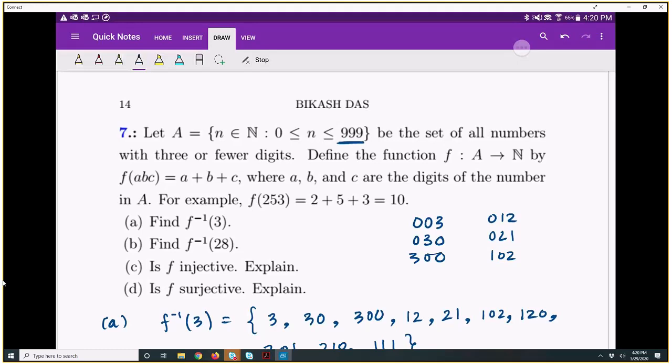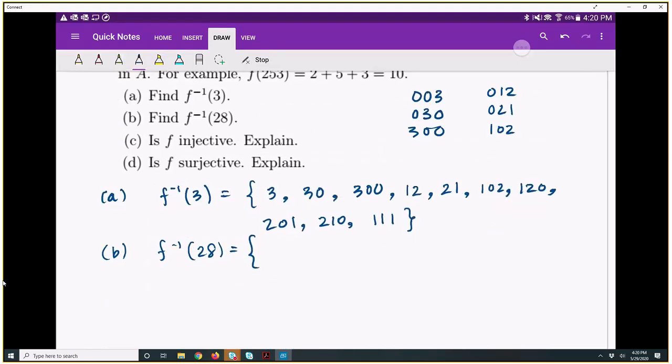The largest number I could pick for the first digit is 9, for the second digit is 9, and for the third digit is 9. So clearly we can't get any higher than 27. So this is actually going to be the empty set.